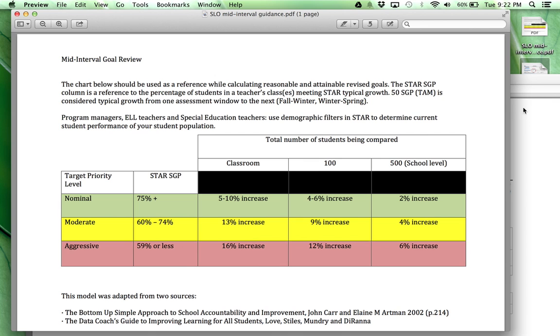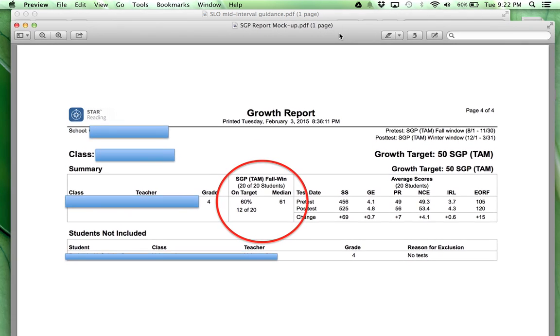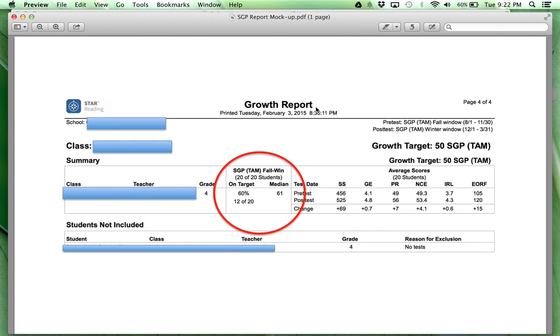So would want to review and revise their mid-interval goal to read something along the lines of, I will increase the number of students who are demonstrating typical growth as measured by STAR Reading from 60 to 73% by the spring assessment window. And that would be a reasonable and attainable SLO reviewed and revised goal.